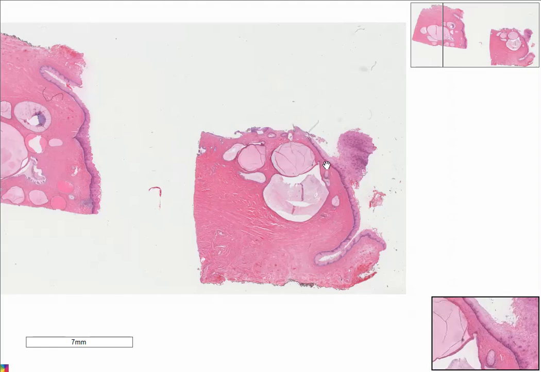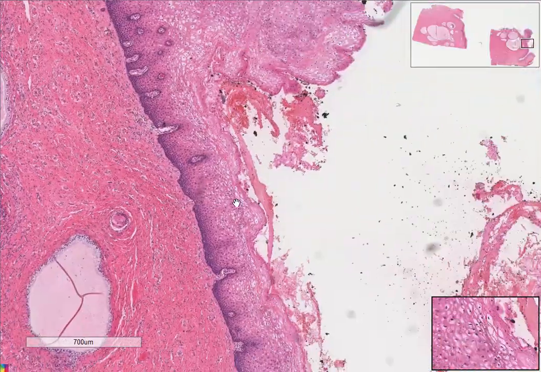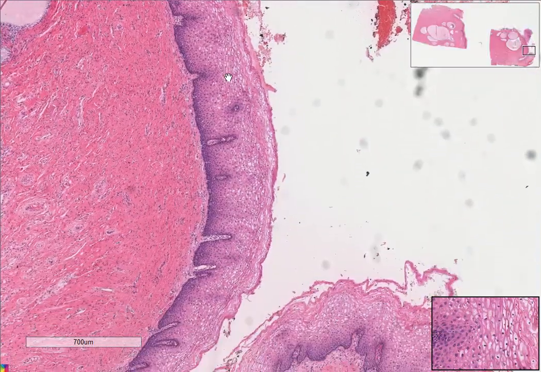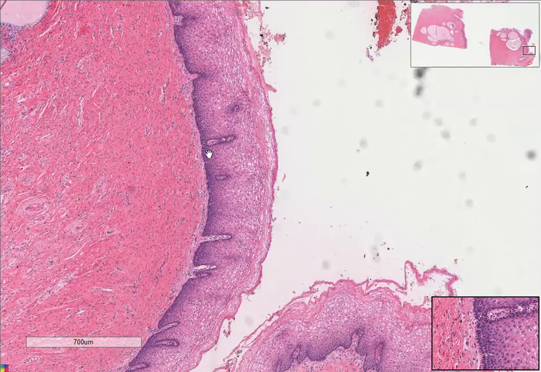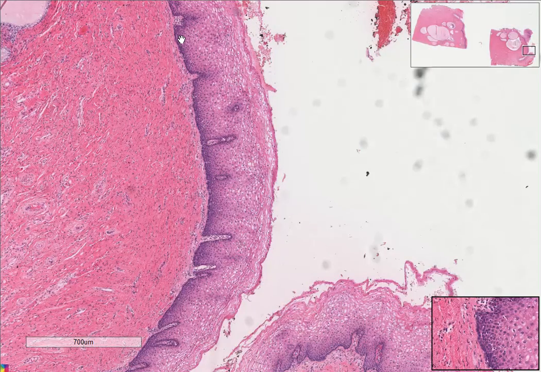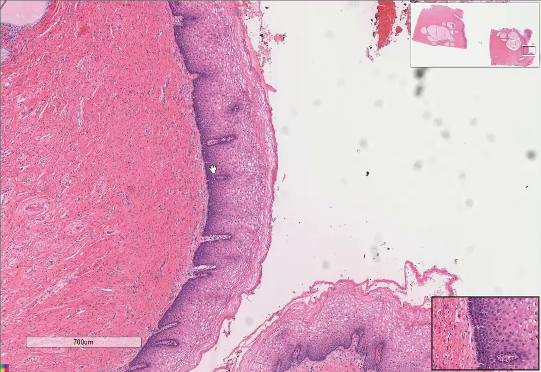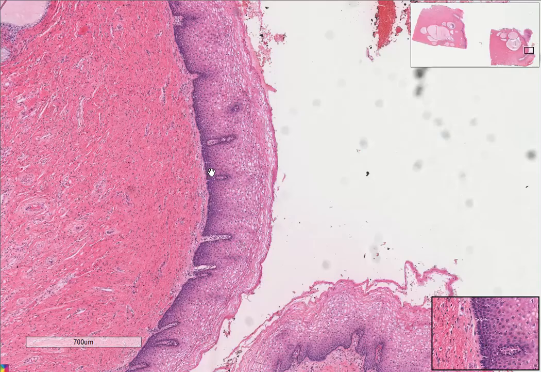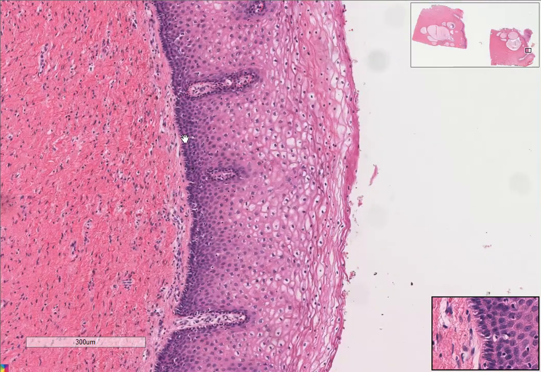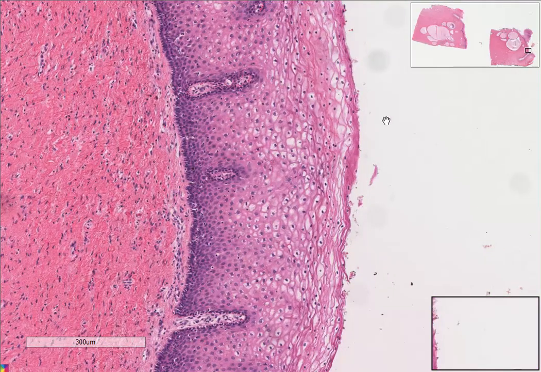So if you remember, the ectocervix is lined by non-keratinized stratified squamous epithelium, which you can see here. And you can see that the stratified squamous epithelium is placed on a basement membrane, and it shows this normal maturation from basal cells to apical cells.